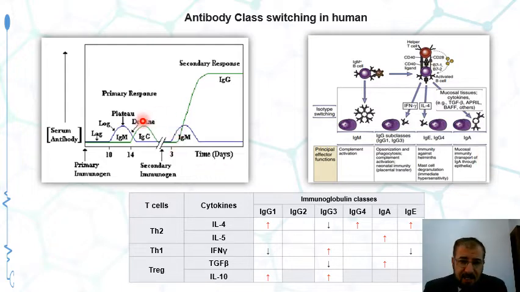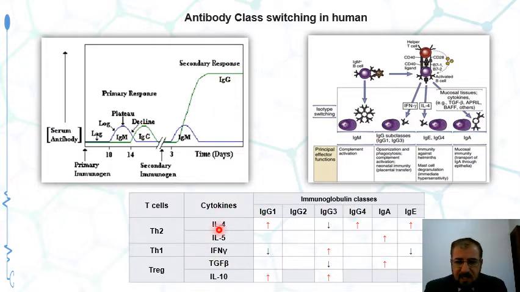See also this graph. In the primary response, at first IgM is produced and then IgG antibody. But in the secondary immune response, the IgG antibody is produced in huge amounts.